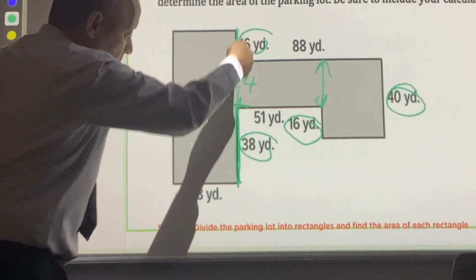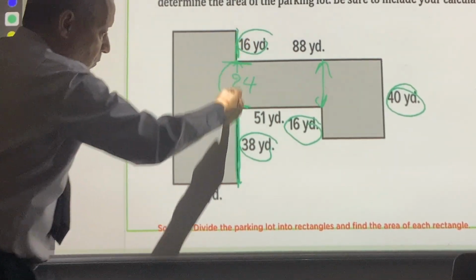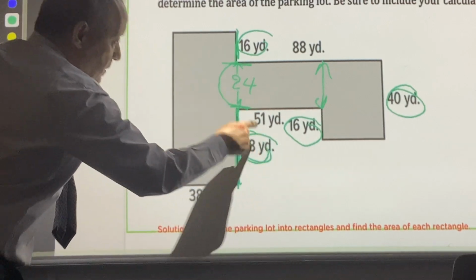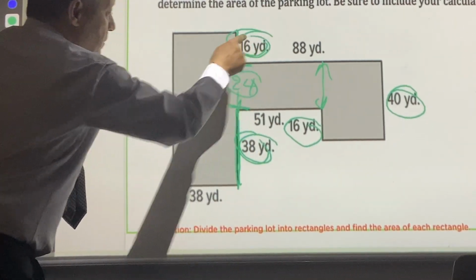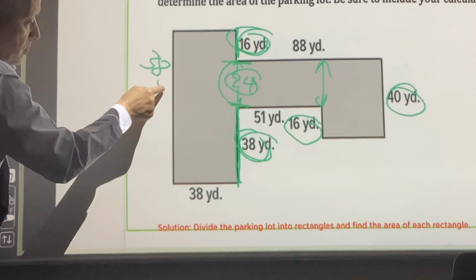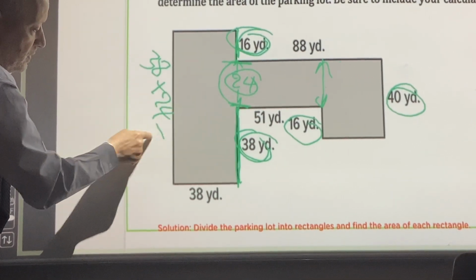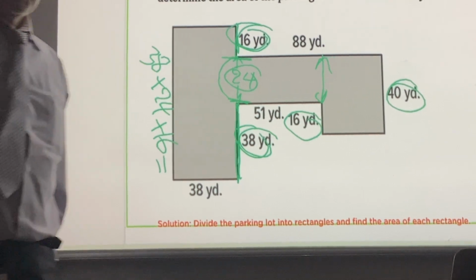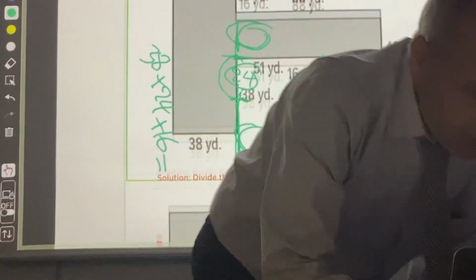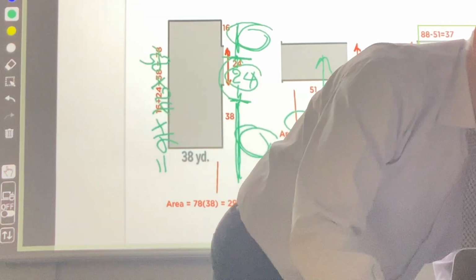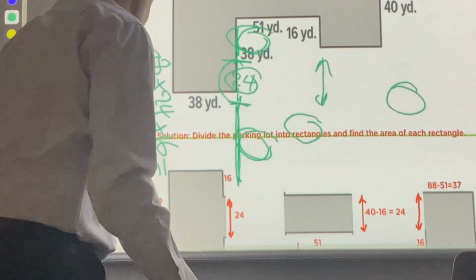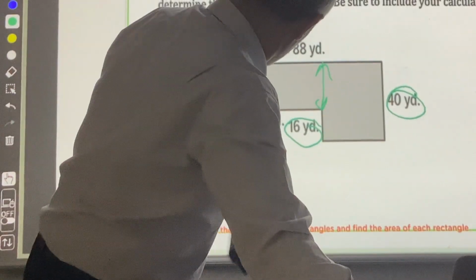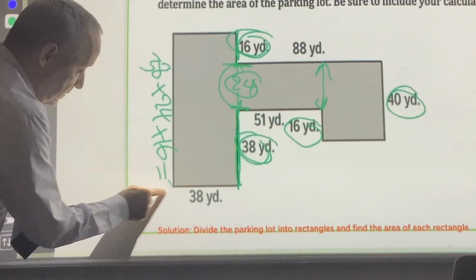So if I want to calculate all this, what do I do? We add 38 plus 24 plus 16, equals how much? 78. It's 78.